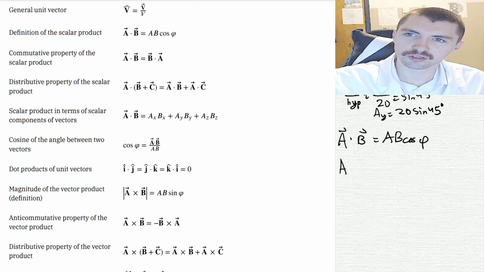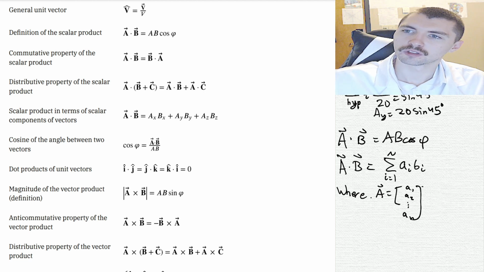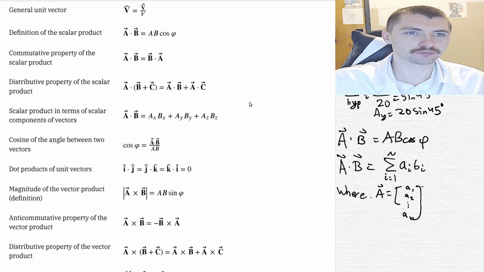I prefer A dot B equals the sum from i equals 1 to n of A_i B_i, where A equals, and likewise with B. I prefer that definition of dot product.